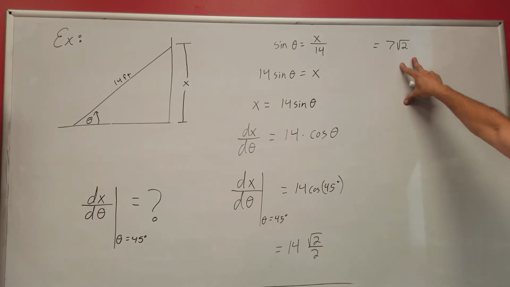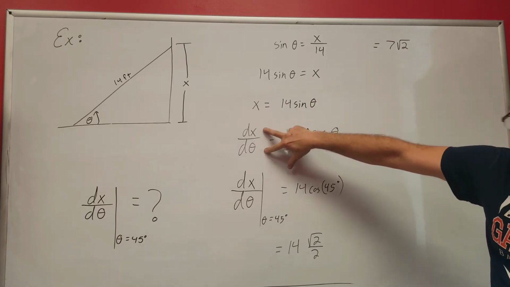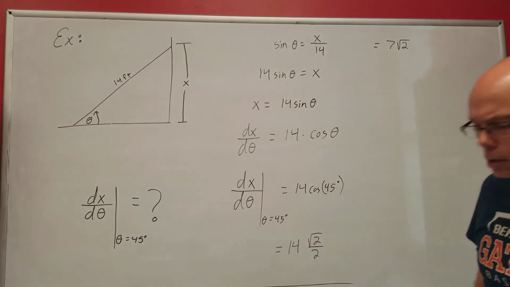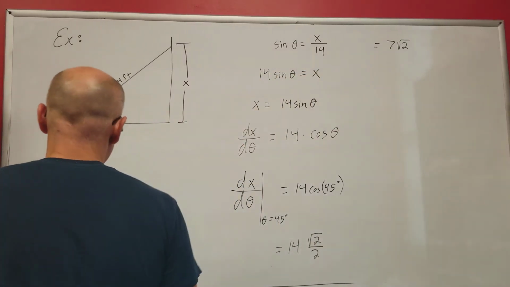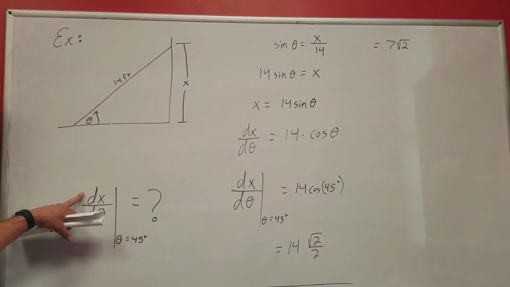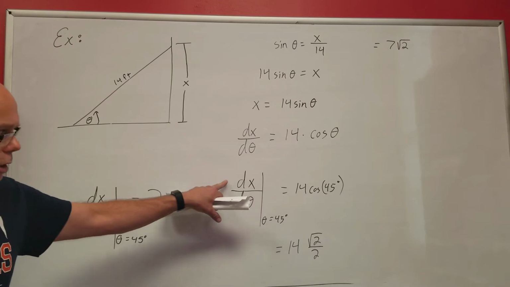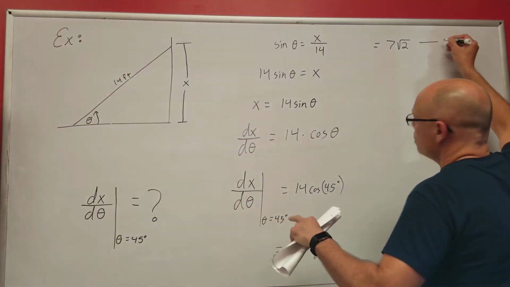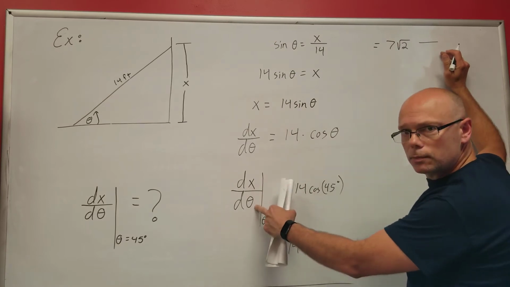Now let's think about the units here, okay? Anytime in calculus we're dealing with taking derivatives and so forth, in this class we're automatically going to assume radians, not degrees. So what I just found was dx over d theta, change in x with respect to theta. So it's going to be units of x over units of theta.